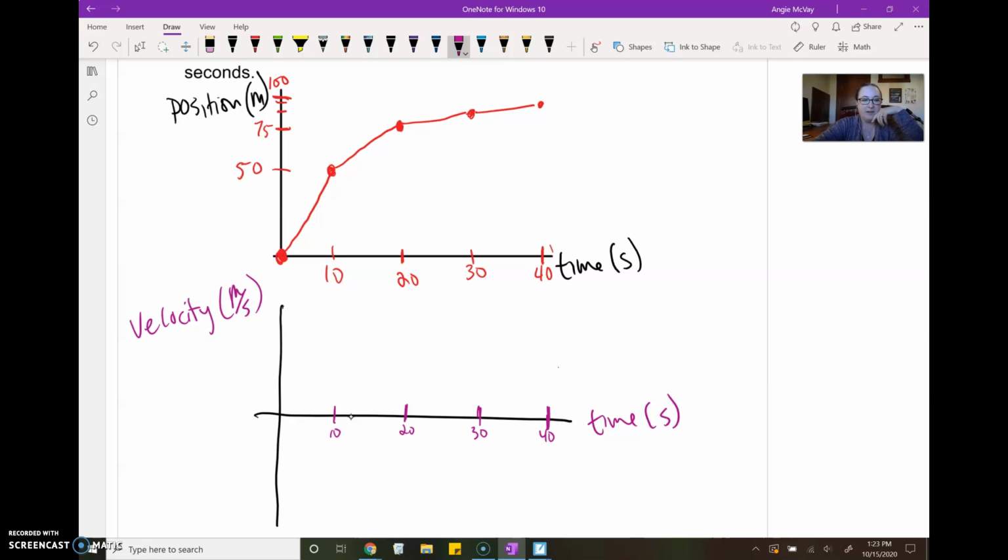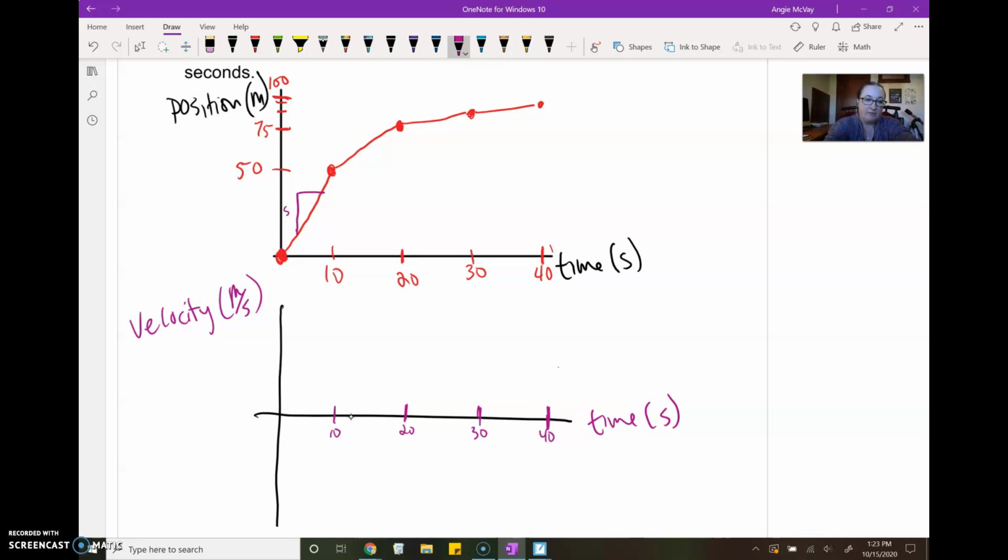So now let's go ahead and graph these. All right, so the velocity is always the slope of a line on a position versus time graph. So if I go up to the first 10 seconds, I want to find the velocity.